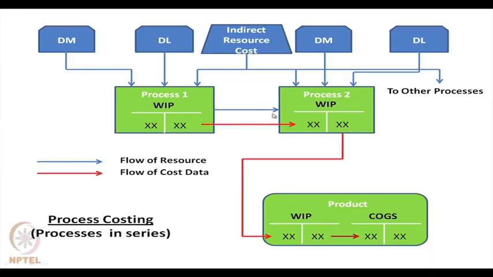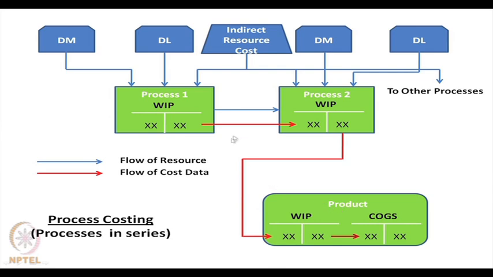we have these costs applied to individual processes, and then since the goods move from one process to another in a serial fashion, the costs also are transferred from the work in process account of one process to the work in process account of another process, and finally to the work in process account of the completed product.